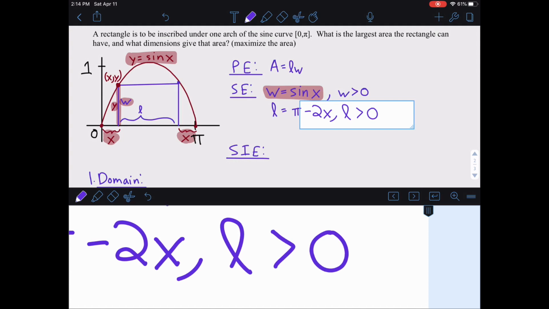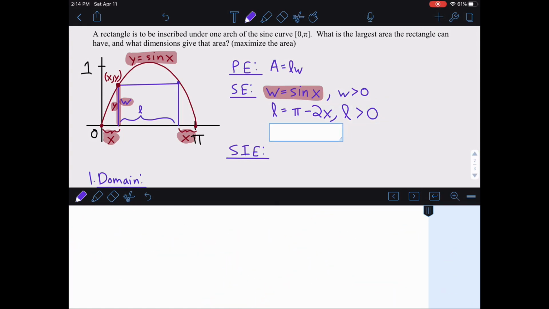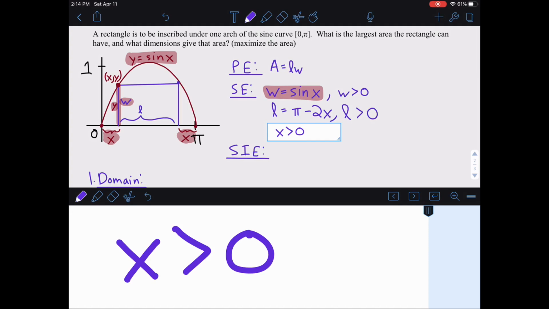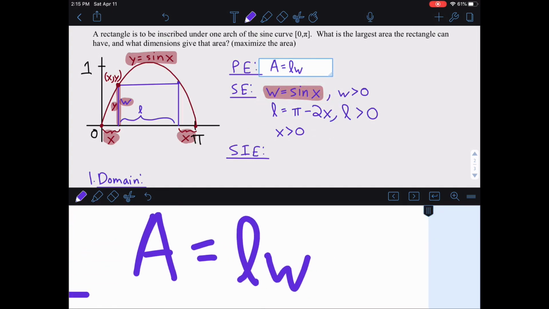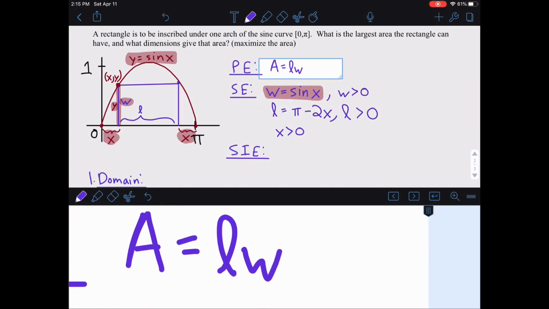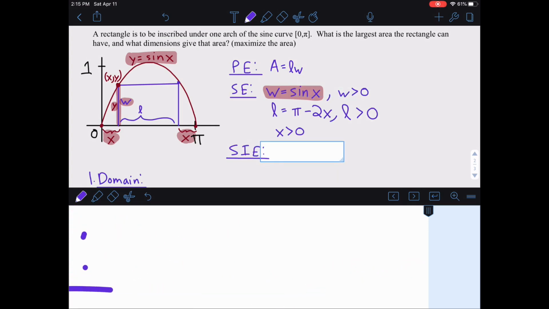Okay? And the last thing I know is that since this part of the sine curve is in quadrant 1, I know that x is going to be greater than 0. Okay. So let's substitute my equations for L and W into my primary, and that'll give me my single independent equation.